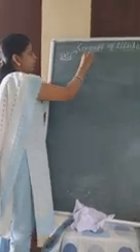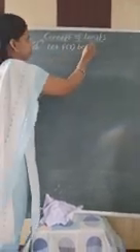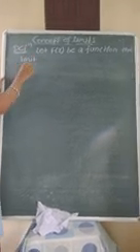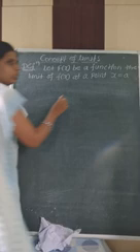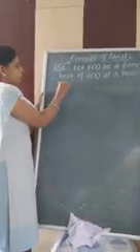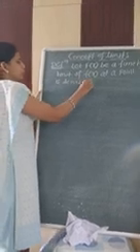Now we take the definition. Write down the definition. Let f of x be a function. The limit of f of x at a point x equal to a is denoted by limit x tends to a f of x.